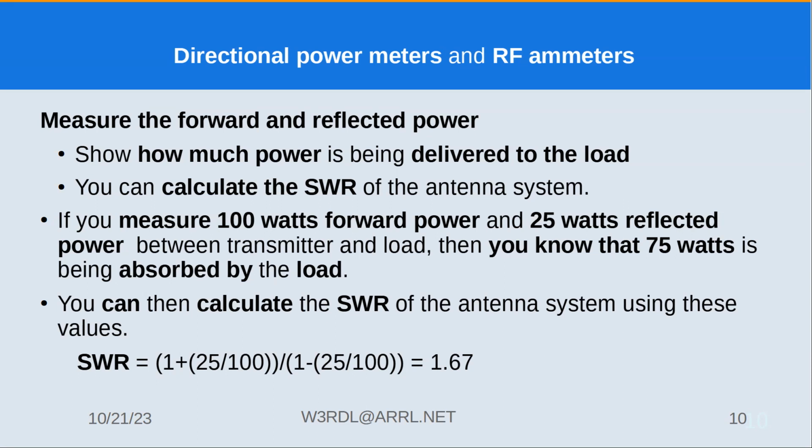They can show you how much power is being delivered to the load by looking at the difference between the forward power and reflected power. So if you're putting 100 watts in, and you're getting 25 watts reflected back, that means 75 watts was getting to the antenna. And part of that, depending on the radiation resistance of the antenna, is being radiated.